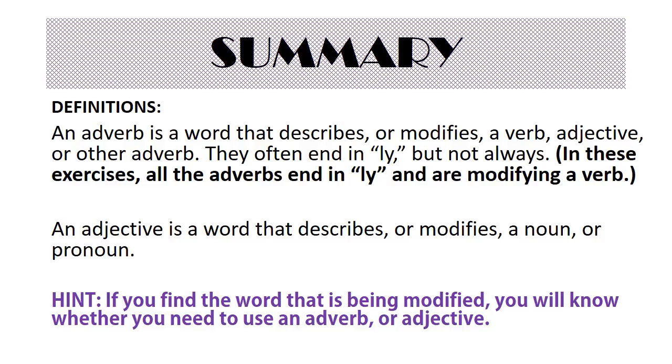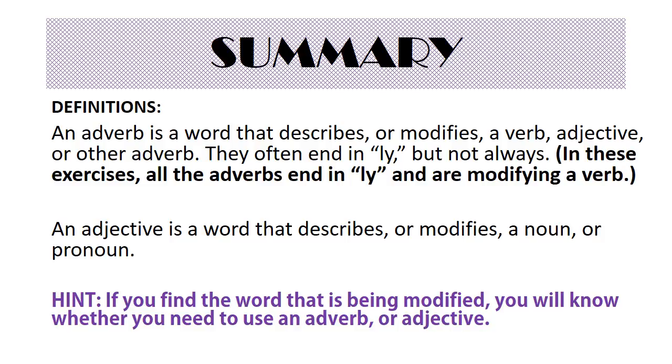Sometimes an adverb can be quite a different kind of word. So let's just think of an example. He was driving the Ferrari Testarossa fast. So in this case, or very fast, in this case fast is the adverb describing how he was driving.